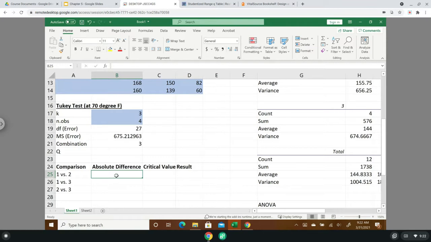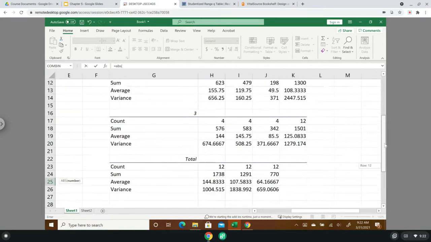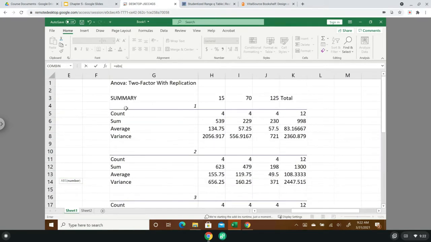So let's first calculate the absolute difference. We're going to use the ABS function. Absolute returns the absolute value of a number. And we need to take the difference: material plate 1 at 70 degree Fahrenheit, this average 57.25, the average of those four observations of battery life, minus 1 versus 2, right?